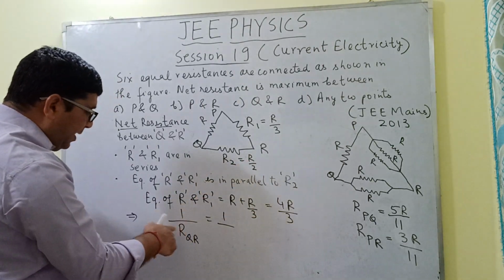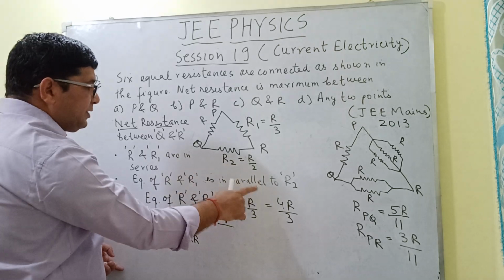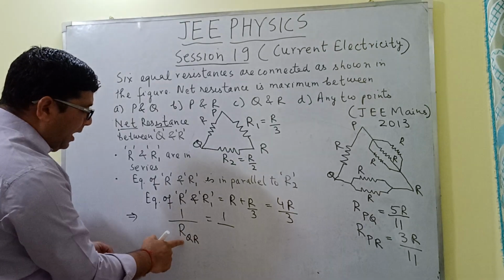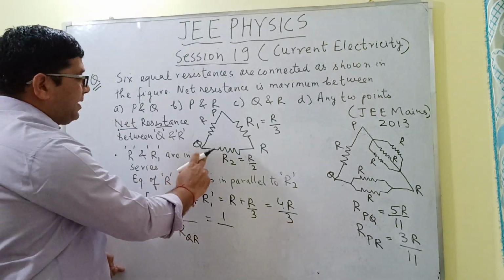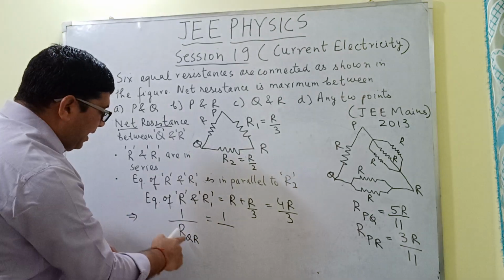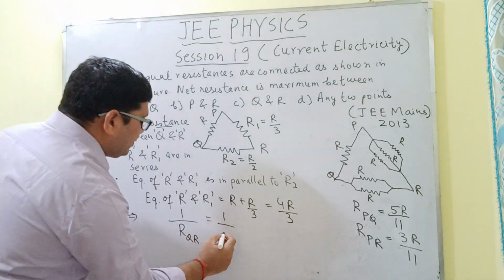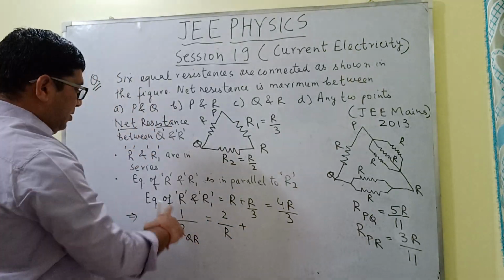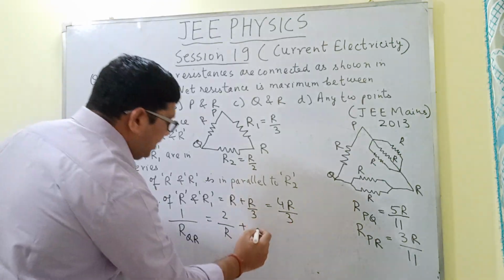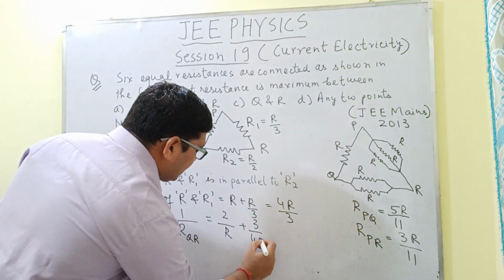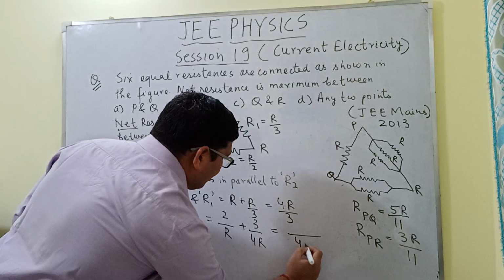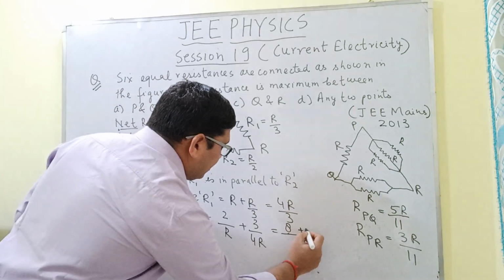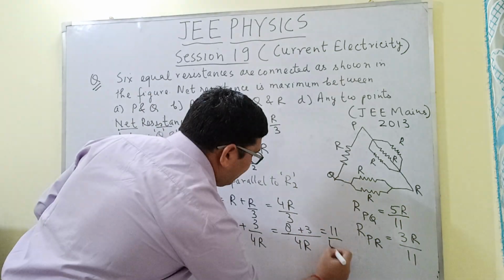So since R2 is in parallel to the equivalent of R and R1, 1 by RQR, where RQR is the net resistance between the points Q and R, is equal to 1 divided by R by 2, which is 2 by R, plus 1 divided by 4R by 3, which is 3 upon 4R. Now taking the LCM, which is 4R, I get 8 plus 3, so this is equal to 11 divided by 4R.